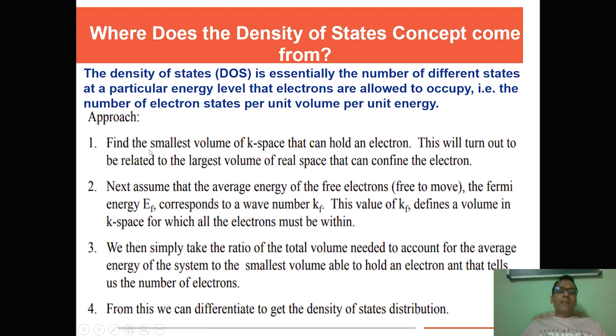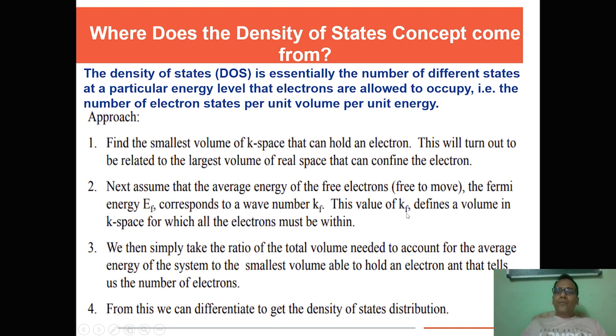First, we find the smallest volume of K space. What is this K space? We will detail it later. So, find the smallest volume of K space that can hold an electron. This will turn out to be related to the largest volume of real space that can confine the electron. Next, we assume that the average energy of a free electron, the Fermi energy E, corresponds to wave number kf.